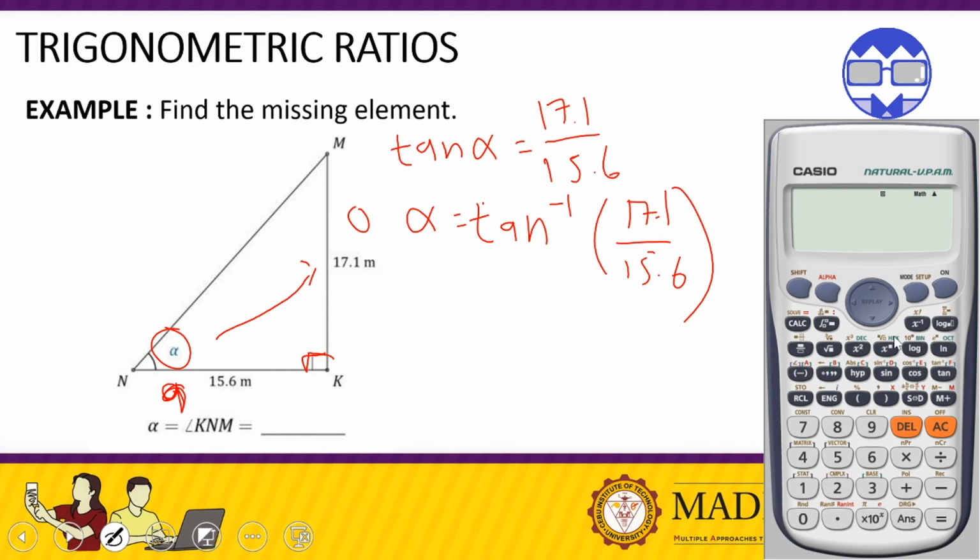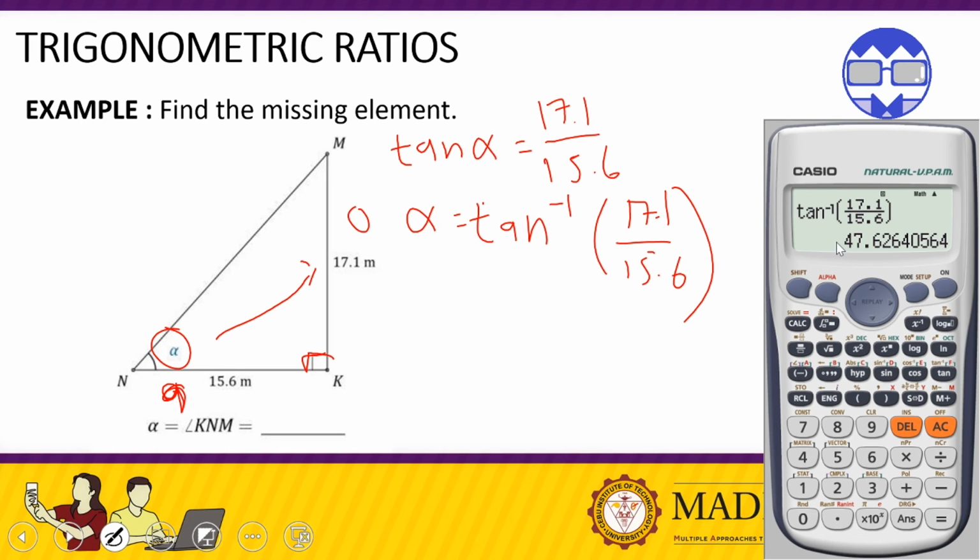So we have arctan, so shift, click tan, so you will have this, 17.1 over 15.6. Then close parentheses, click equals.